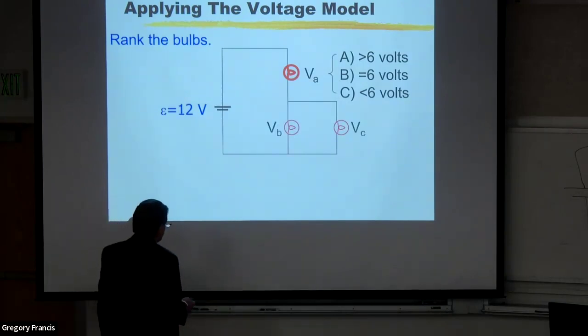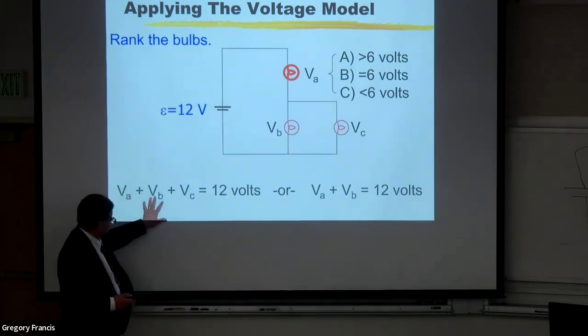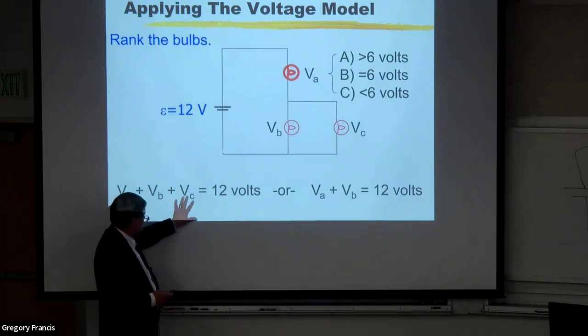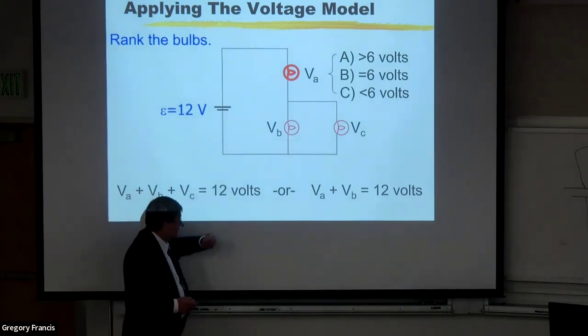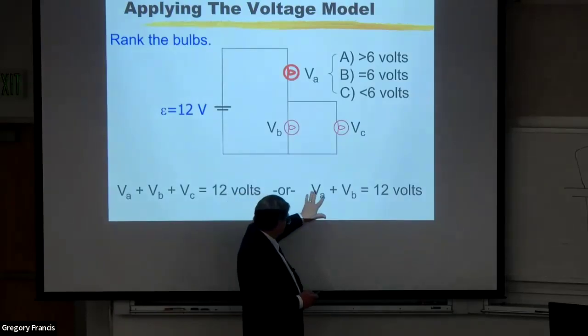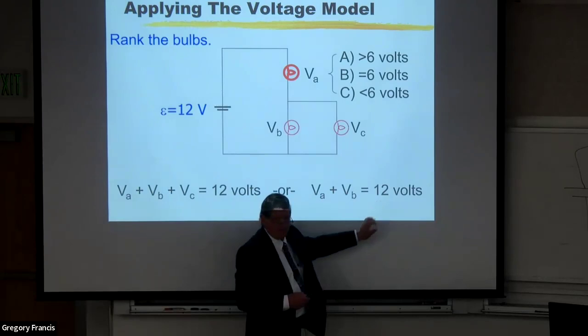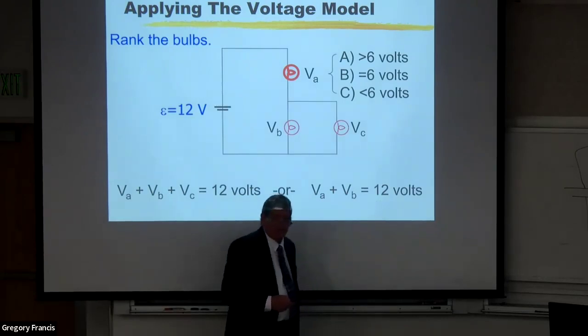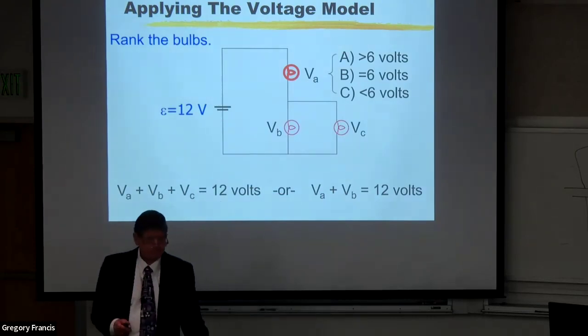Some of us are taking the voltage across A plus the voltage across B plus the voltage across C and setting that equal to 12 volts. Others of us are just taking the voltage across A and the voltage across B, and that has to add up to 12 volts. Tell your neighbor which of those you are using, which is your model.